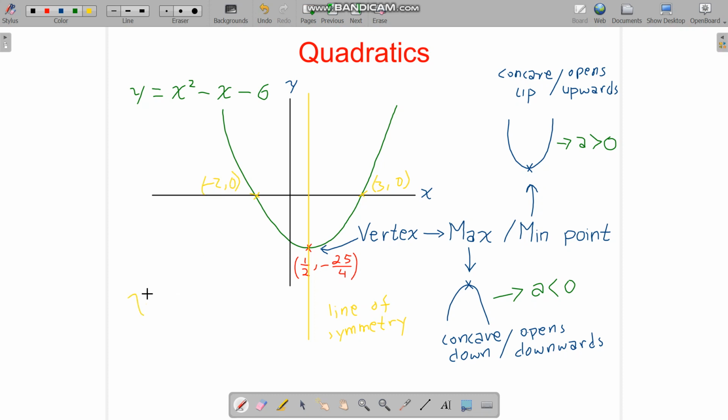We can find the equation of the line of symmetry, or the axis of symmetry, by finding the midpoint of the x-intercepts. So exactly in the middle between minus 2 and 3, we get 1 over 2. If you know the x value of the vertex, of course you can find the y value by plugging in 1 over 2 here, you get the y value.